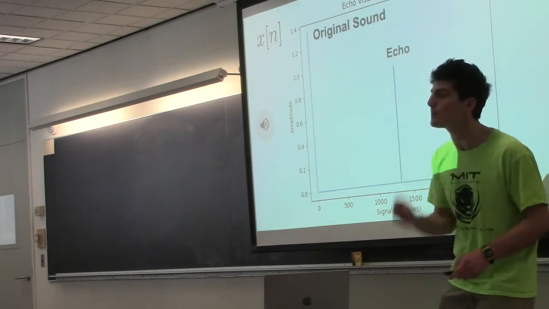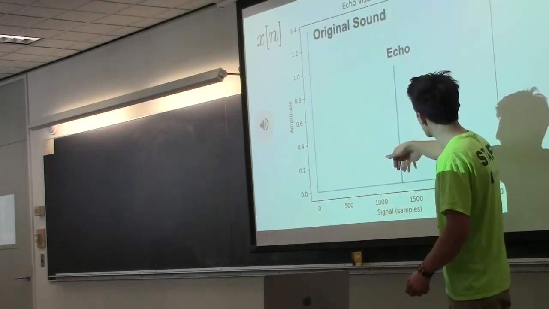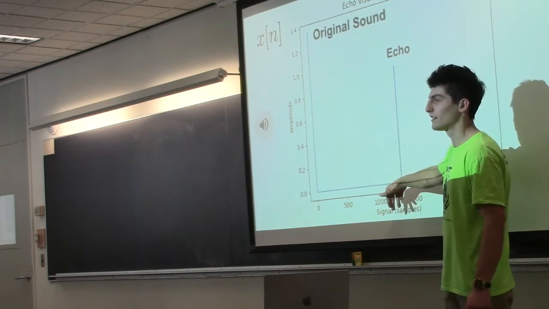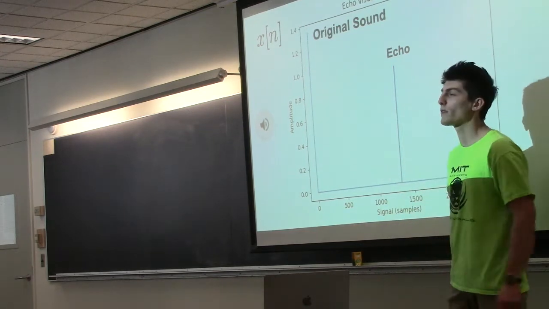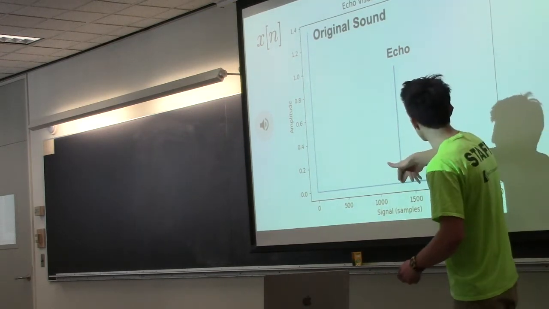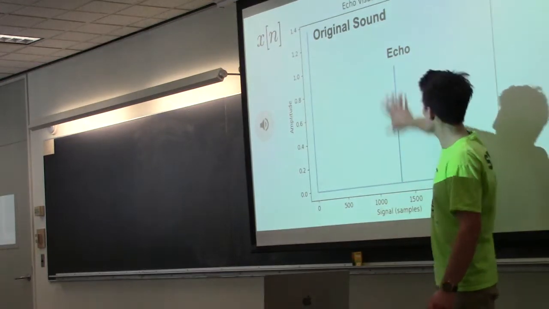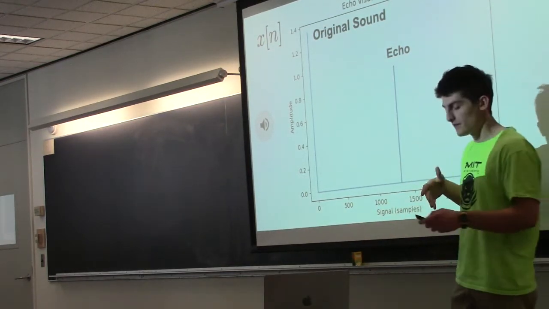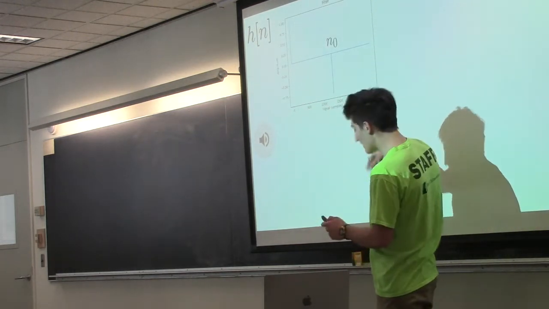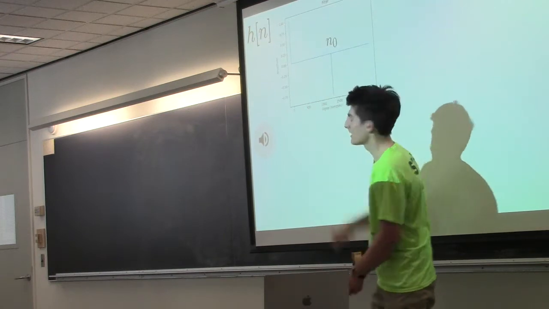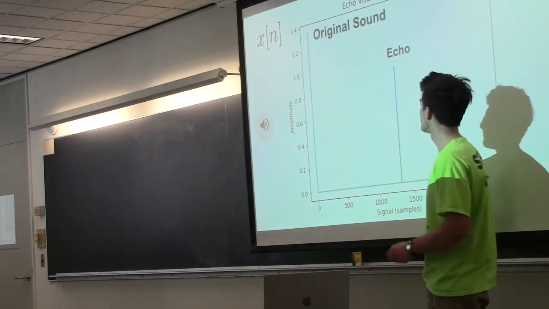And the one intuitively that we can think of is to construct a filter that simply inverts this. Think about it like if we were to combine this signal with a signal that had just an inverted spike at this point, we would get rid of this. So intuitively, this is what we would do, and this is what it looks like. We want to combine this and that to be able to get rid of this.